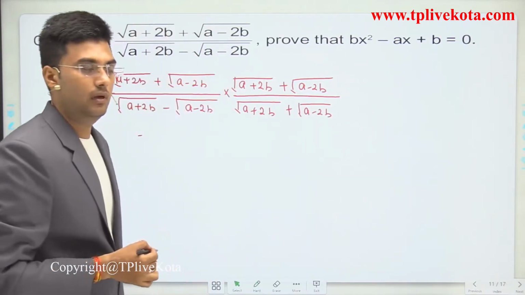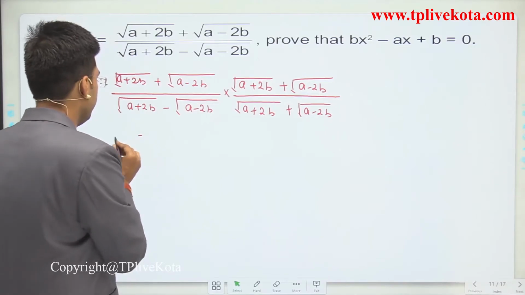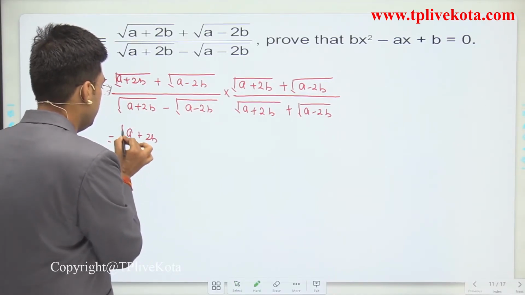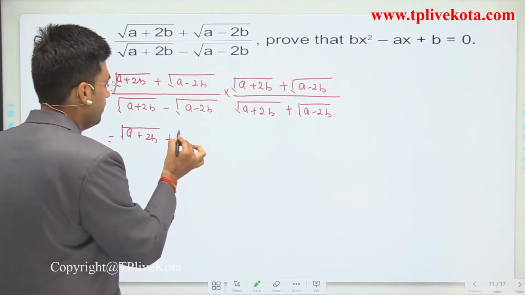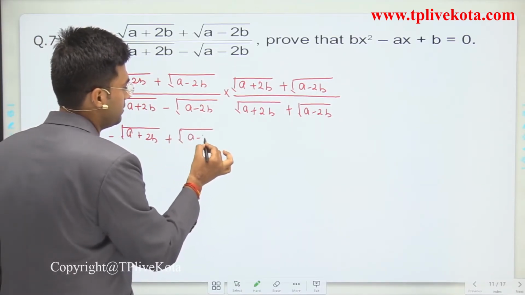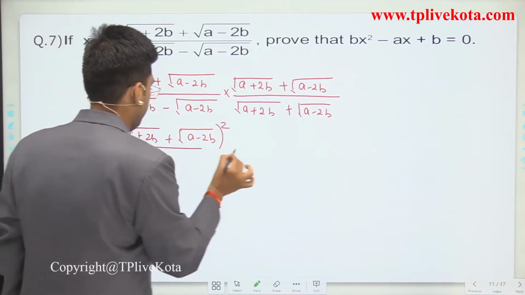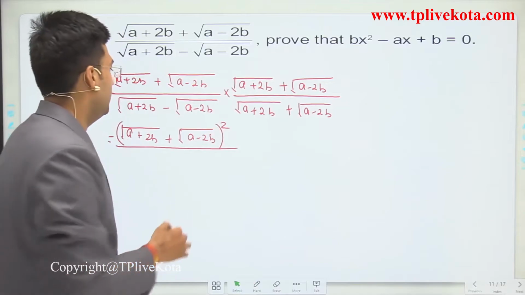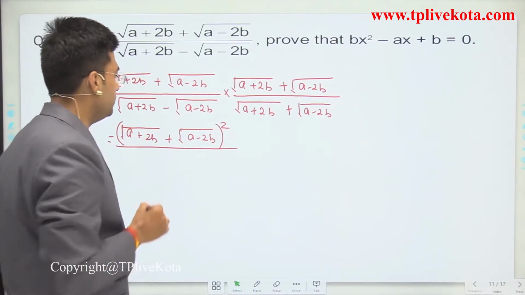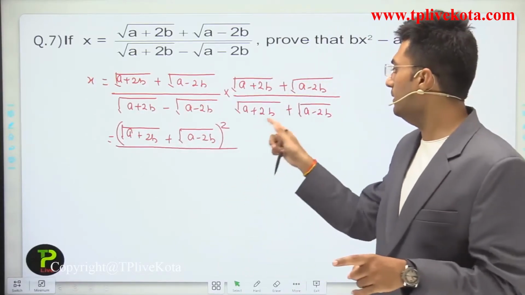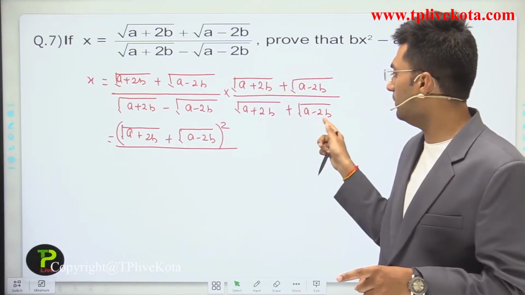Okay, now when we solve this, what will we get? We will get root a plus 2b plus root a minus 2b whole square, divided by root a plus 2b minus root a minus 2b multiplied by root a plus 2b plus root a minus 2b.